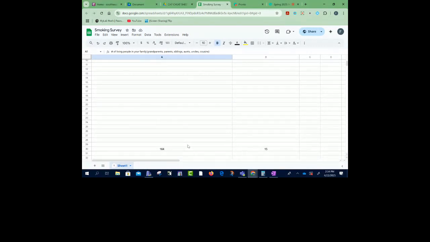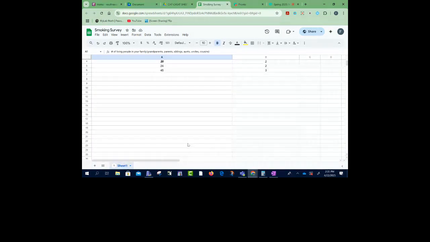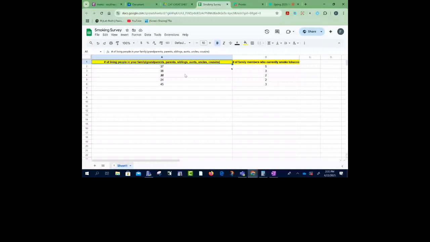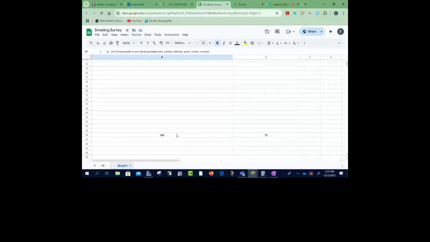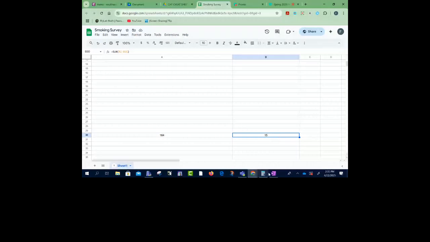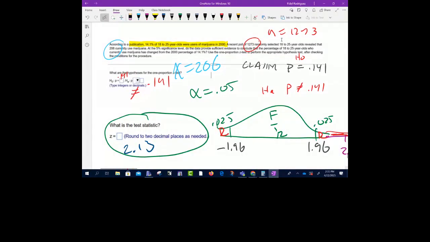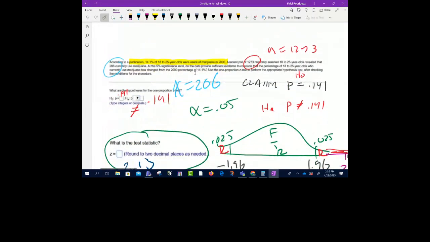How many family members have we looked at total? Remember, these were the number of members in our family. How many members in our families do we have so far? What, 164? Okay. How many of them use tobacco? 15? Isn't that kind of like my N and my X? We're going to do a problem, y'all, like that. Okay. It's going to be real similar to this stuff here.